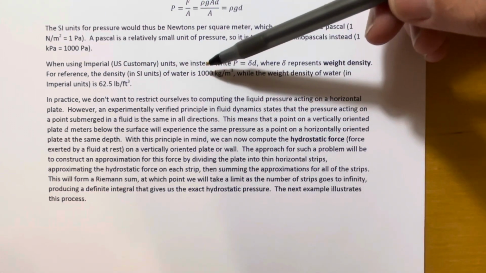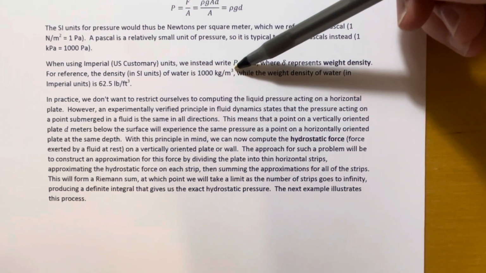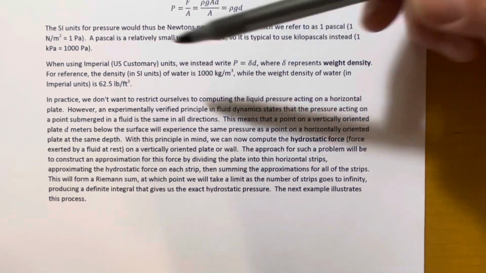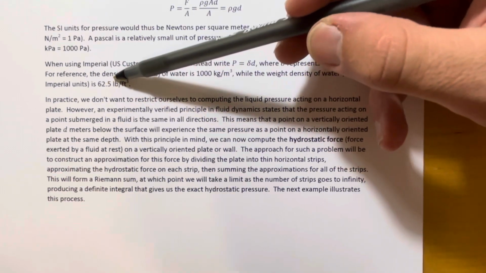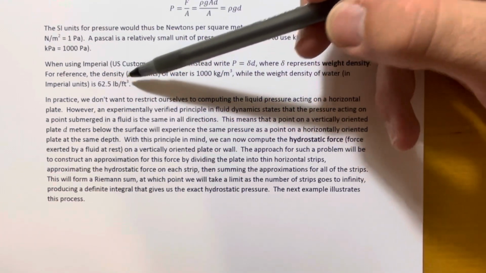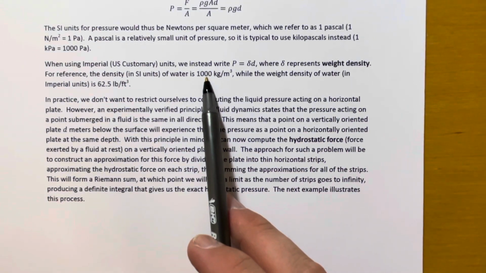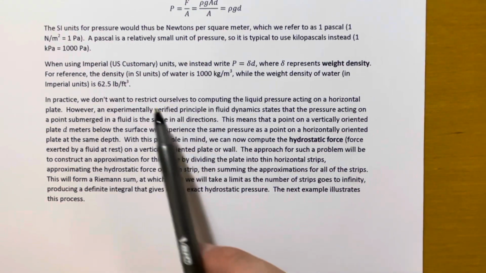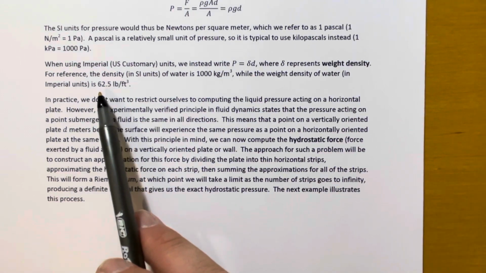In metric units, the density of water is 1,000 kilograms per cubic meter. And in imperial units, where we're talking about weight instead of mass, it's 62.5 pounds per cubic foot. So in the metric case, this is what we would be thinking of as that rho that's showing up, and this is what we would be thinking of as that weight density.